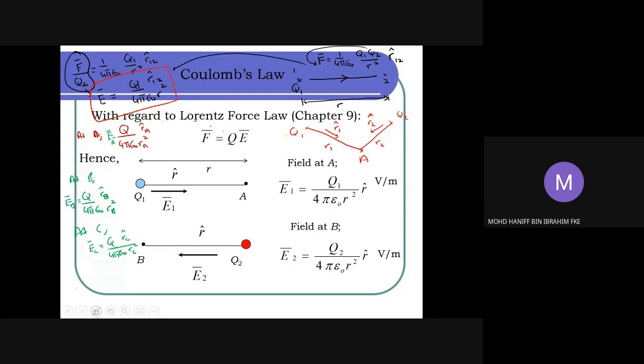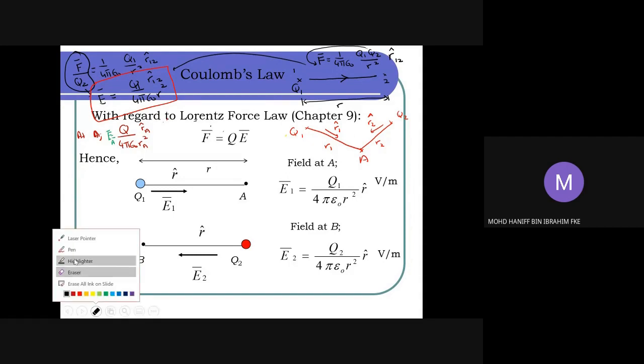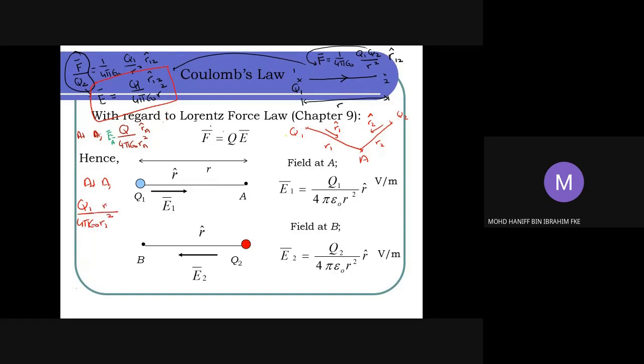So I can say that the electric field intensity at the point A induced by these 2 point charges shall be equal to the summation of each electric field. The first term is due to Q1: Q1 over 4 pi epsilon naught R1 squared with R1 hat.